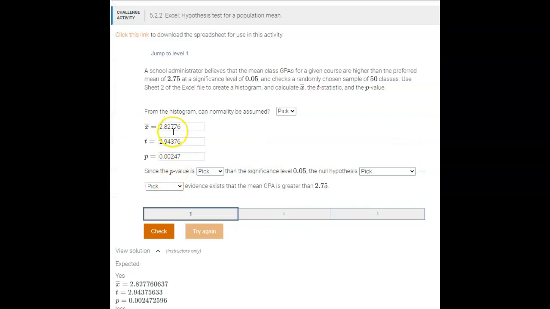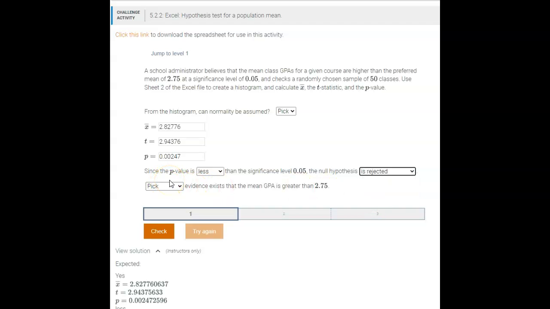And so we type those values in, and since the p-value, you just compare it to your significance level here. This is less than that, and that determines the conclusion of your hypothesis test. Since it's less than the significance level, the null hypothesis is rejected. If it was greater than, that's when we fail to reject.